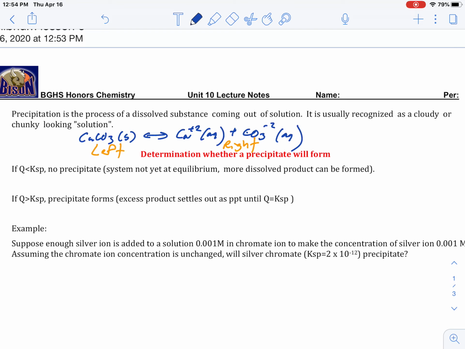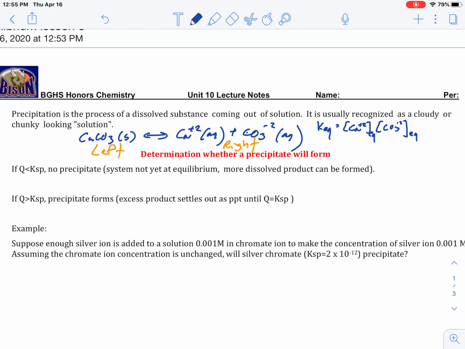Okay, so mathematically, we know that we can write the equilibrium expression, KEQ, and we know that when we do that, it's products over reactants, and that you only use equilibrium concentrations. So, EQ.